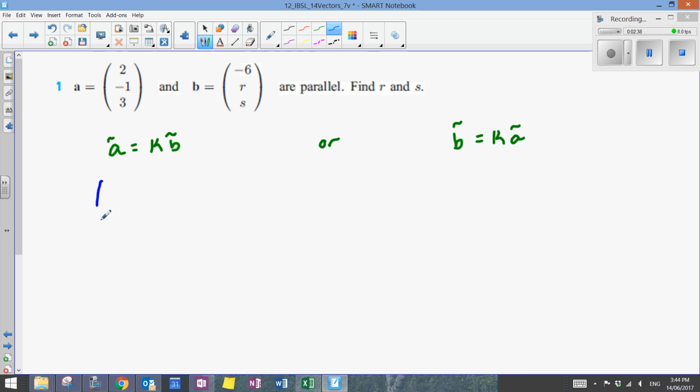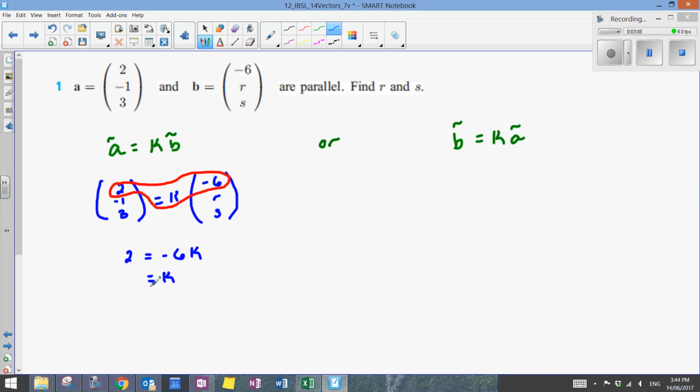So vector A would be (2, -1, 3), and I'm going to multiply a scalar, we don't know what it is, by vector B, (-6, R, S). We can find that scalar by using the one set of components that we do know. So 2 is equal to scalar k multiplied by -6. Therefore 2 is equal to -6 times k, and this gives us k is equal to -1/3.